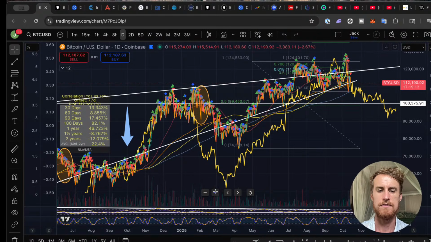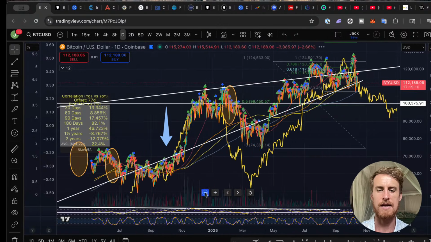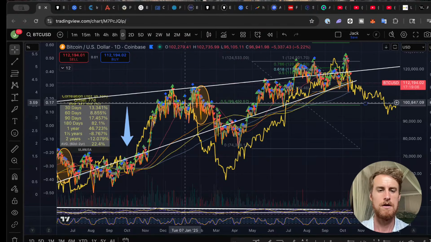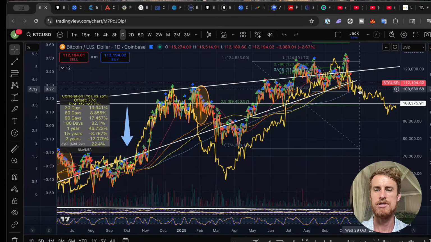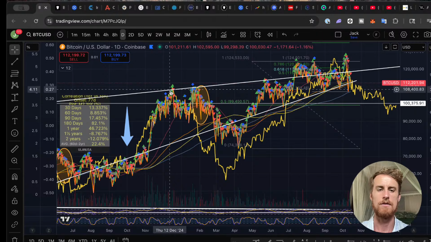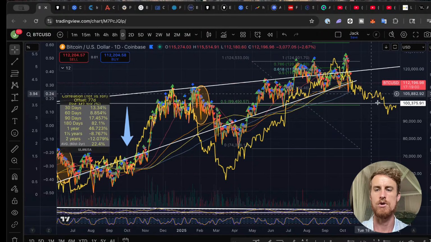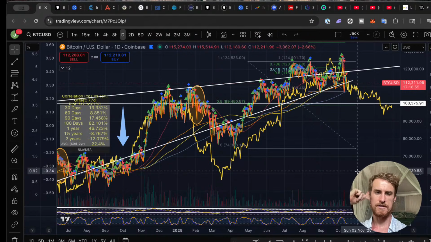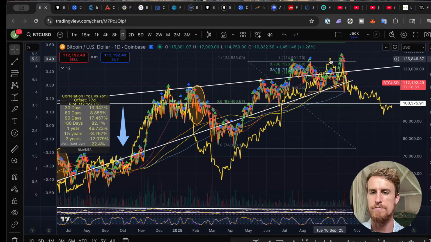Okay. So with that being said, like I shared in my previous video, you look at this yellow indicator. This is the rate of change of the global liquidity chart. Raoul Pal said the rate of change is more important than the actual global liquidity chart. So this literally shows the rate of change of the global liquidity, and it shows a possible downtrend.